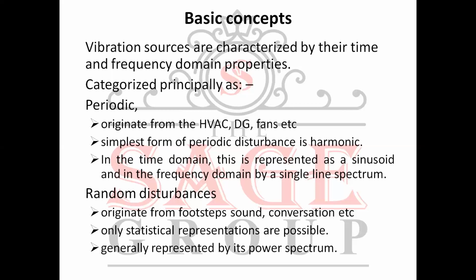As compared to the periodic category, which is represented by a single line spectrum, in the case of random disturbances it is represented by its power spectrum. So these are the differences, or categories, of vibration. Vibration can be generated periodically or randomly due to disturbances.